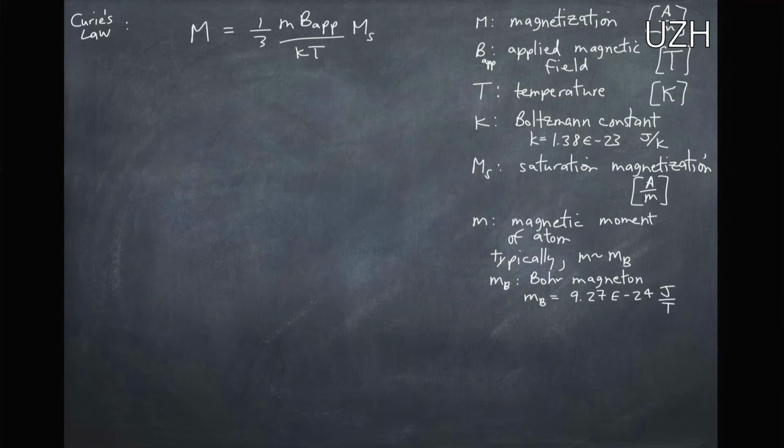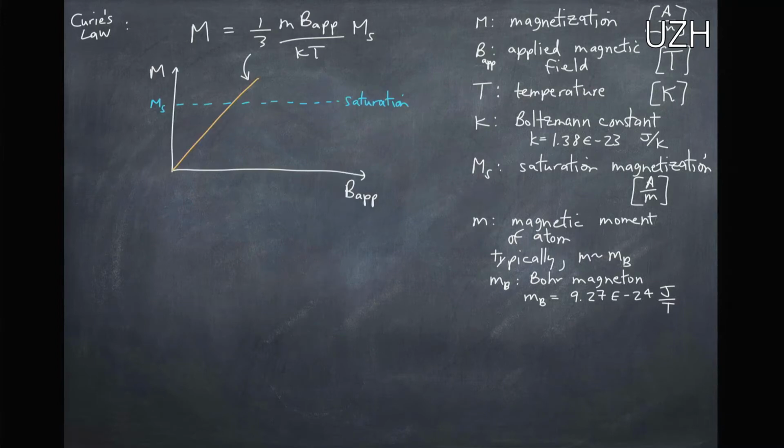So what does this formula look like as a function of the magnetic field that's applied? We see that this is a straight line, and so M depends on the magnetic field linearly, as we can see here. And there's this saturation magnetization here where these lines cross.